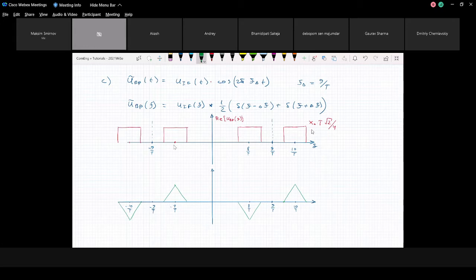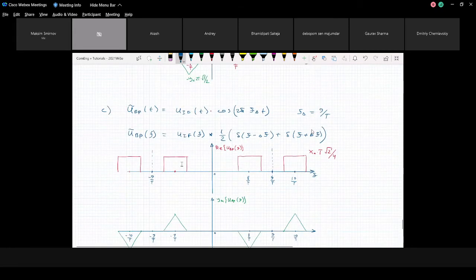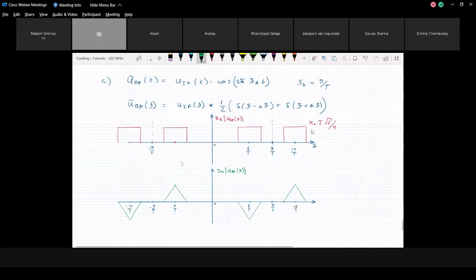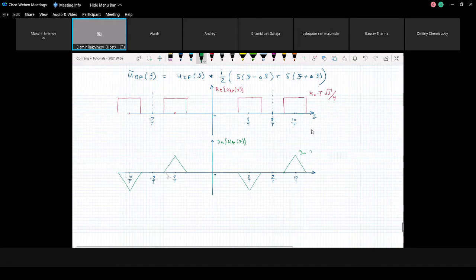Like this. And also, I write that it's our imaginary part, and our amplitude will be phi 0 times, then we have 2 times square root of 2 over 4. Okay, the same.